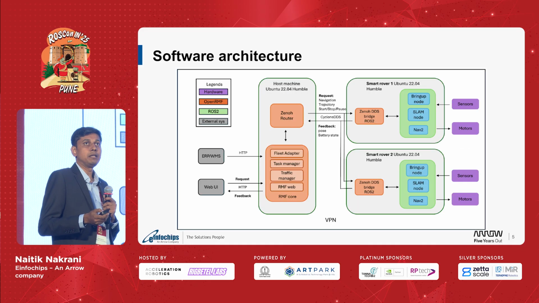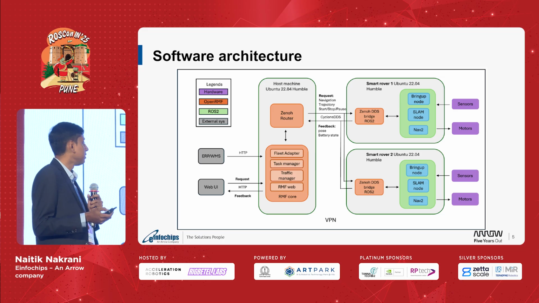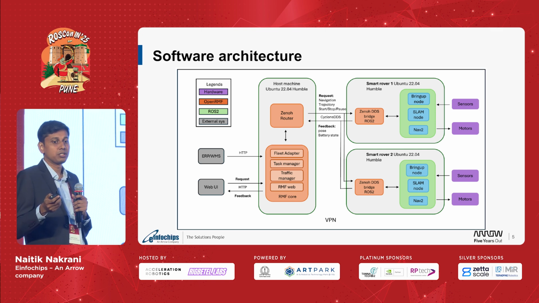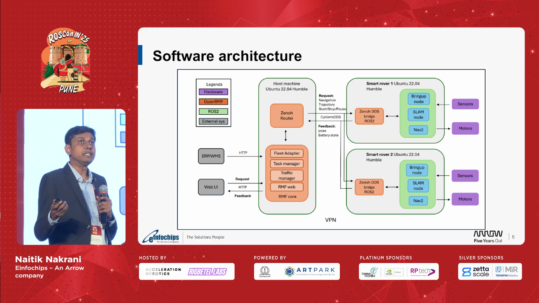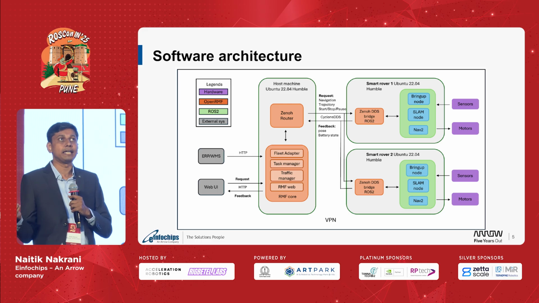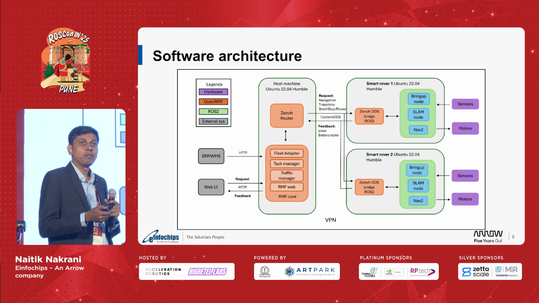So this is a picture of OpenRMF under the hood. It has layers. You have physical robots at the bottom, which are running independently with their own SLAM and navigation system. Then what you need are bridges and adapters, which actually connect your physical robots' data into your RMF core.